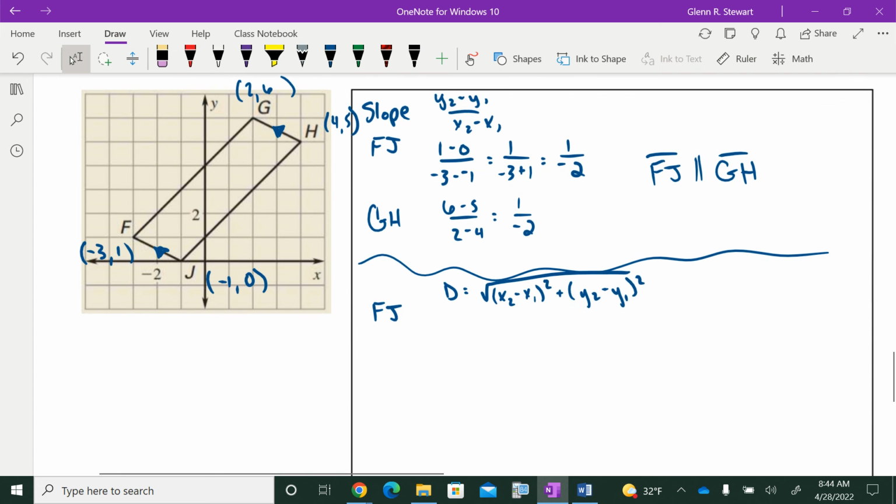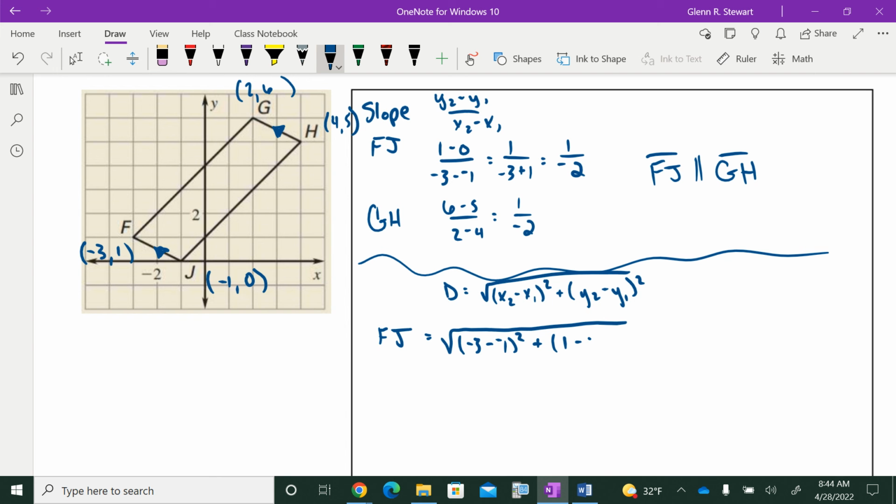So if I'm finding the distance of FJ, let me scroll this down just a little bit, I would say that I've got negative 3 minus negative 1 squared plus 1 minus 0 squared, which ends up giving me negative 2 squared plus 1 squared, which is going to end up being 4 plus 1, or the square root of 5.